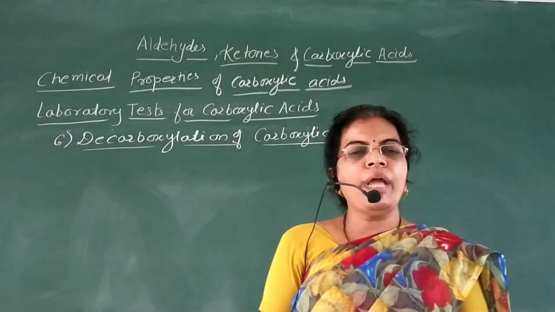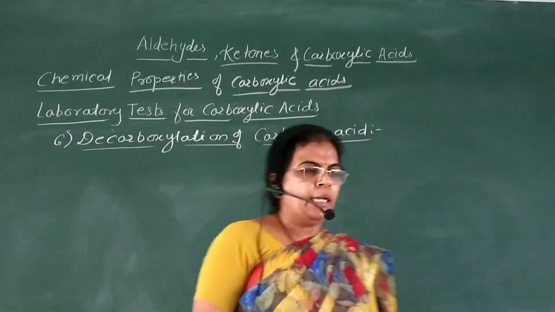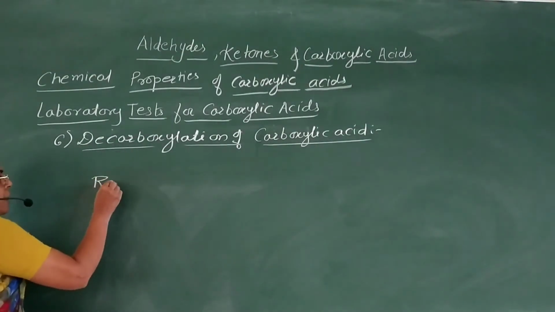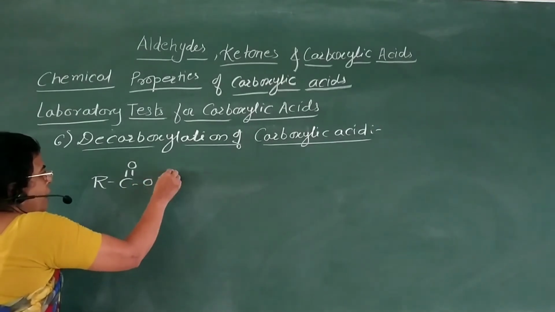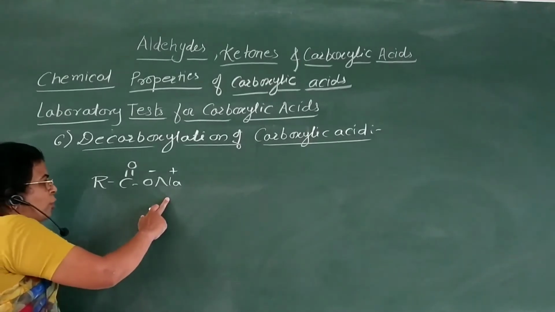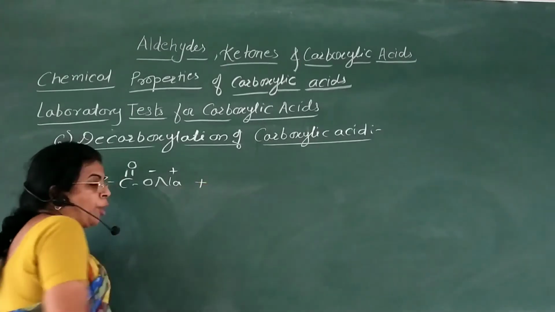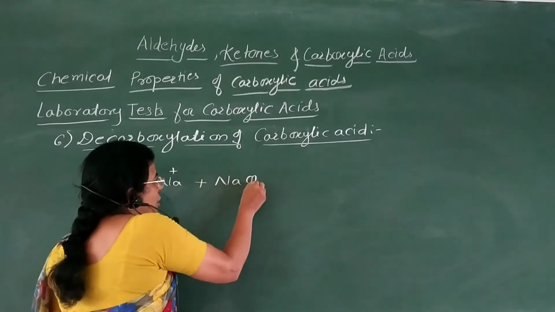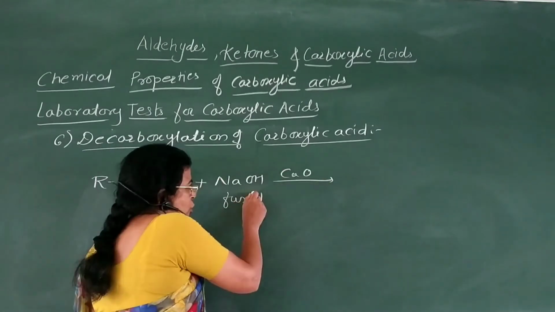Next reaction, we are going to see decarboxylation of carboxylic acid. Now in this reaction, when sodium salt of carboxylic acid, that is RCOONa, here it is positive, it is negative. When this sodium salt of carboxylic acid is treated with soda lime or heated with soda lime, that is fused NaOH plus CaO.